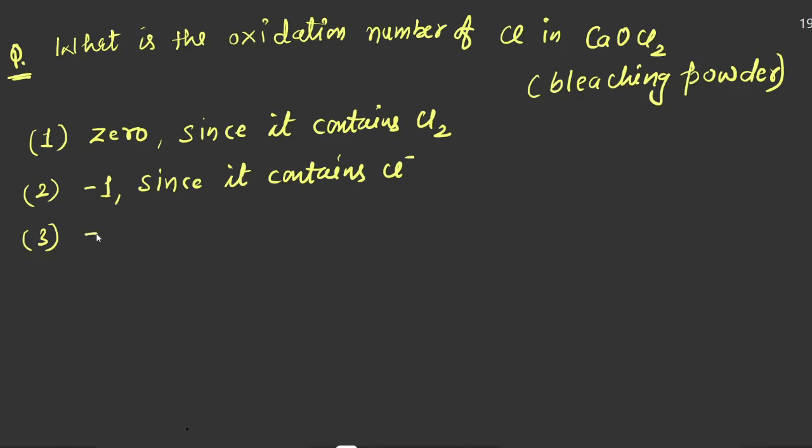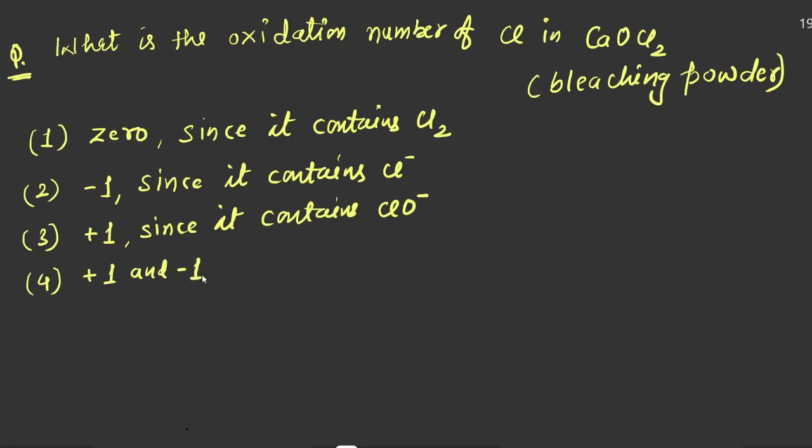Third option is +1, since it contains ClO negative. And fourth is +1 and -1, since it contains ClO negative and Cl negative.